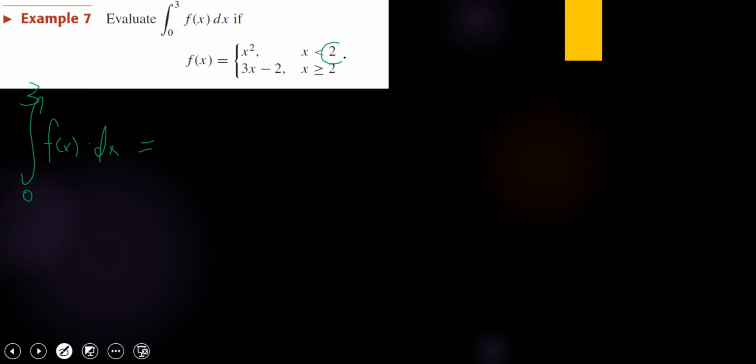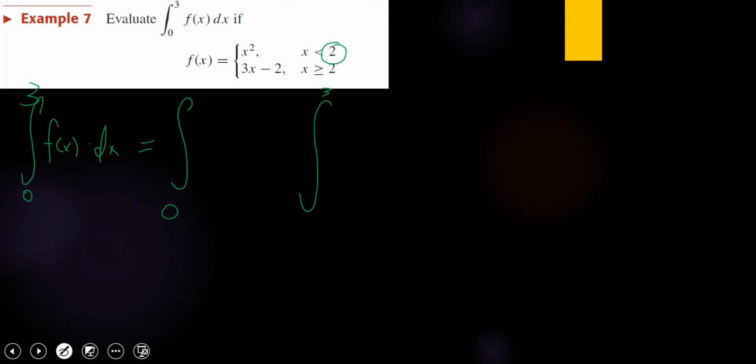So here now, the integration of f of x dx from 0 to 3. Since we have 2 here, which is a disconnect point, we will start from 0 to 3.